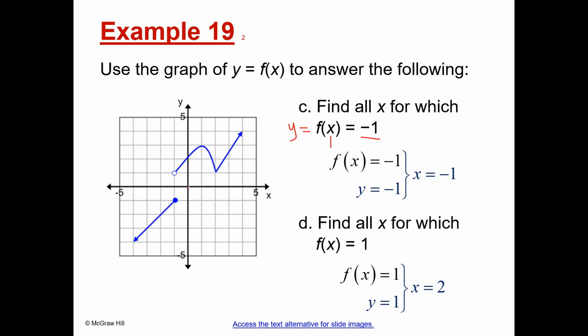So if y is equal to minus 1, this is the y-axis. Let's count 1 unit in the negative direction, which means this is minus 1. Let's find the value of x. We go like this, where it meets the function. We go to x, and x is 1. For y equal to minus 1, x is equal to minus 1.